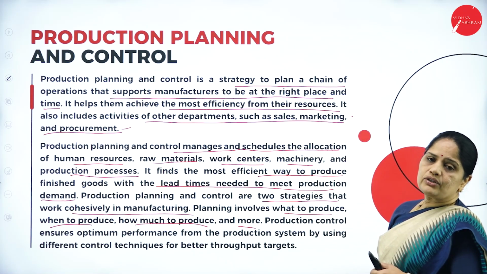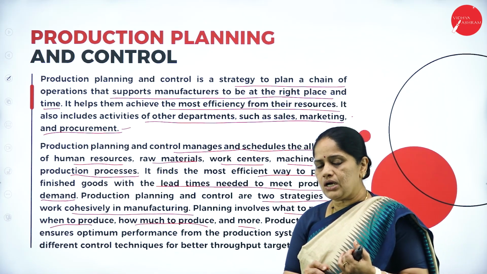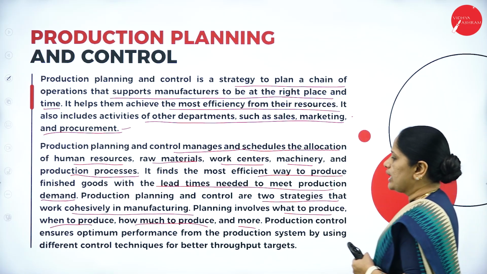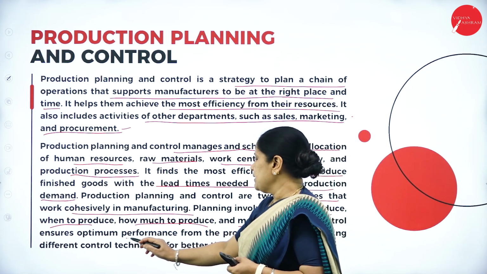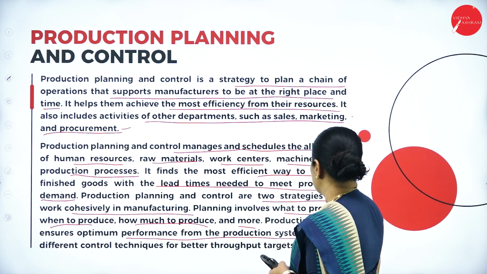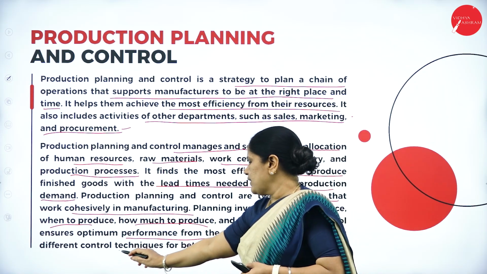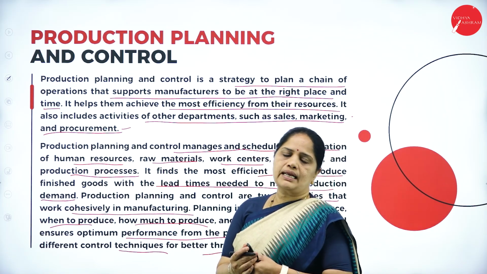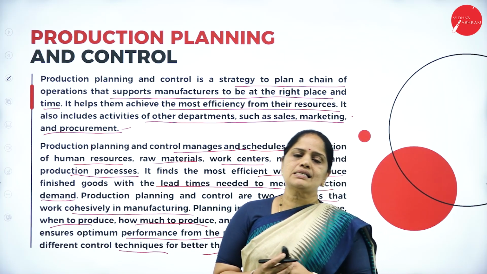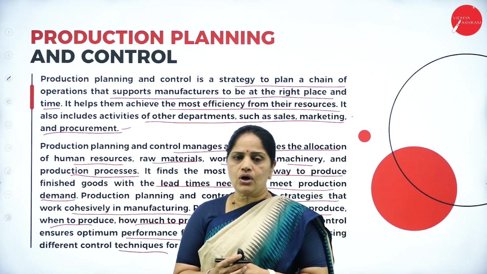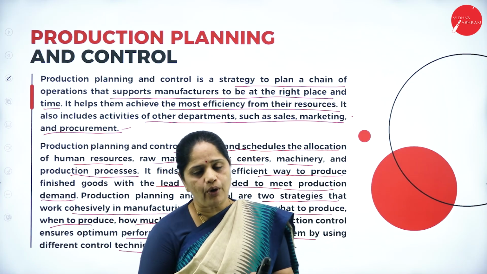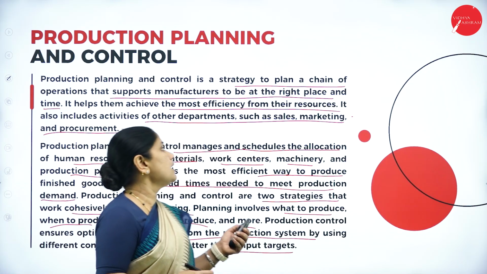So what you are producing in the production house, when you are producing and how you are producing. It also ensures optimum performance from the production system by using different control techniques for better throughput targets. Whatever the targets are, they have to be finished on time. So in order to meet the targets, we need to have proper production planning and control.